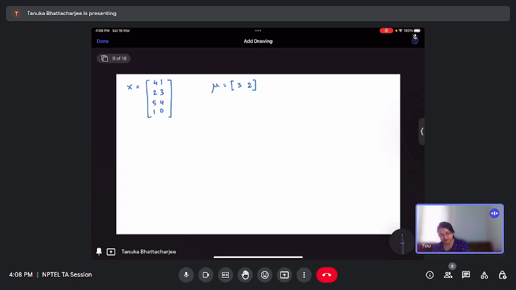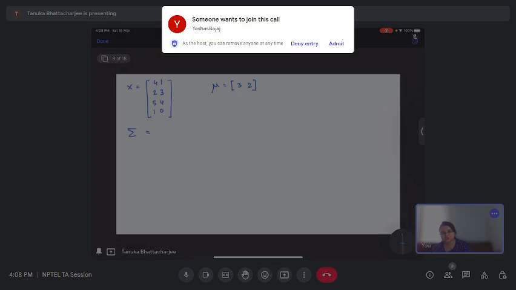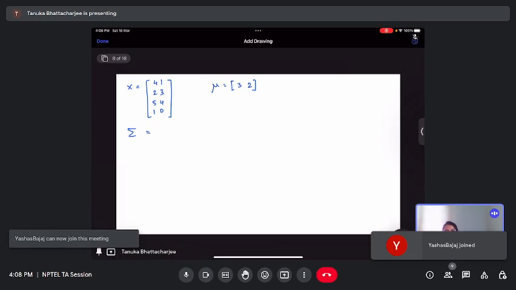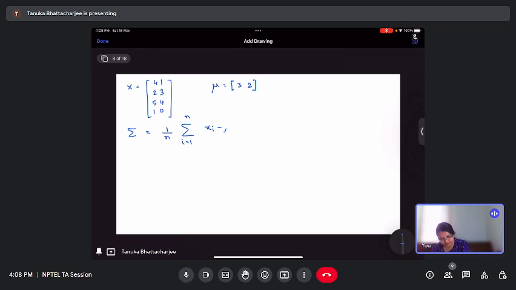Once we have the mean, the next step is to compute the covariance matrix. The formula for the covariance matrix is 1 by n, summation i equals 1 to n, of (xi minus mu) times (xi minus mu) transpose. So this is the sample mean of (xi minus mu) into (xi minus mu) transpose.